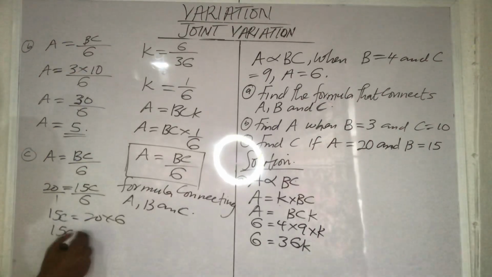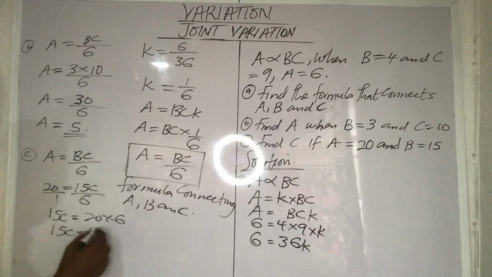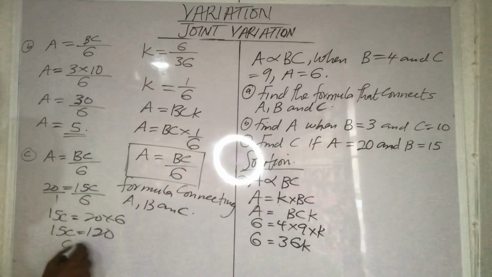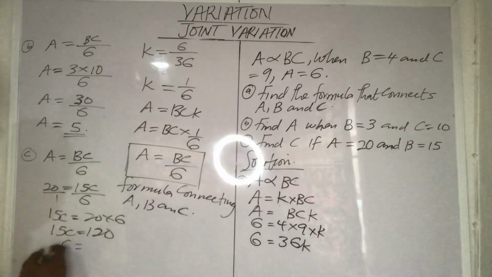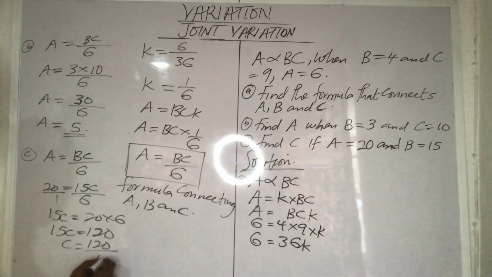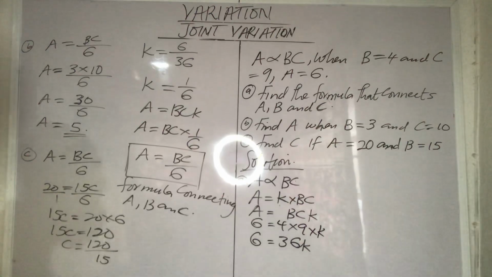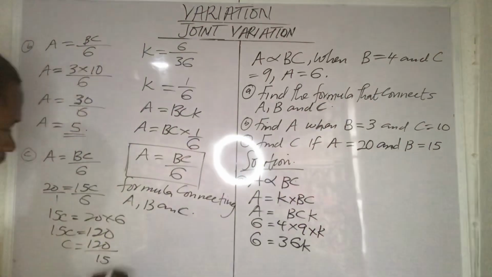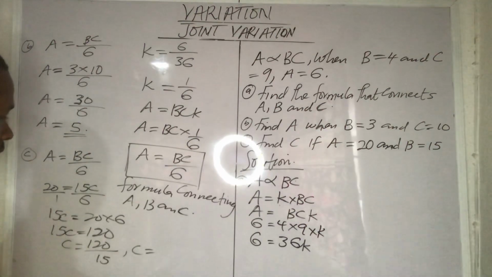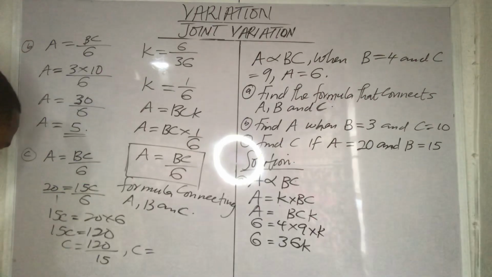So you have 15C is equal to 120. Then divide both sides by 15: C is equal to 120 over 15. So C is equal to 8.